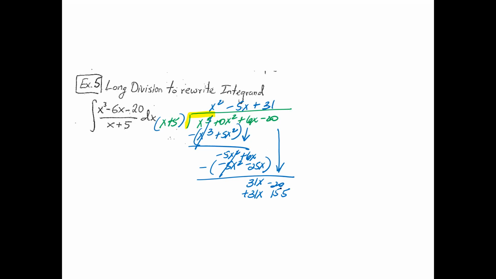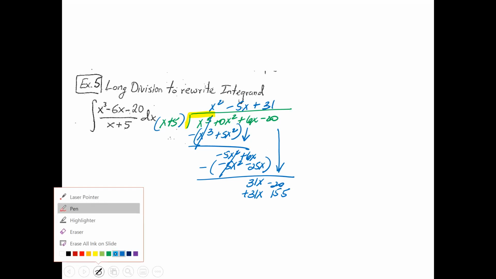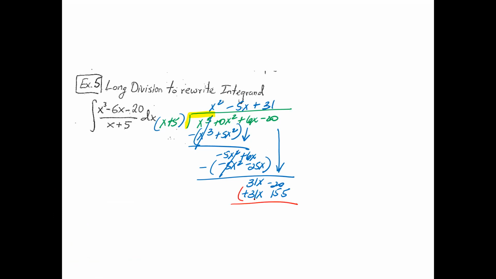Minus 5, that's correct. Minus 25, yep. So far looks good. I don't think I'm making any mistakes, although if I am, I apologize. It's not done intentionally. And so if I subtract this, that part cancels. This becomes a negative. So that's a negative 175.